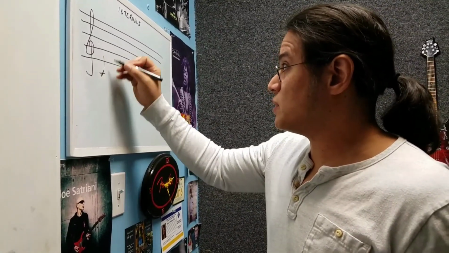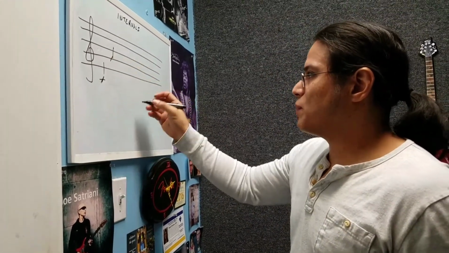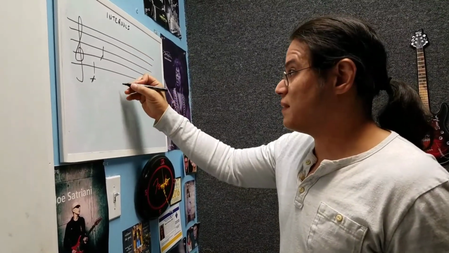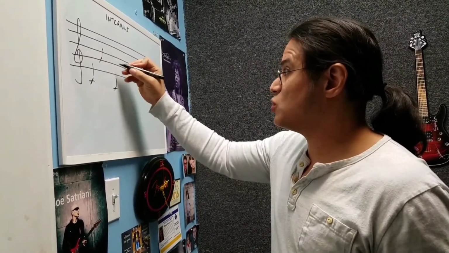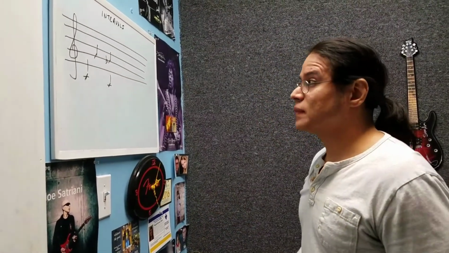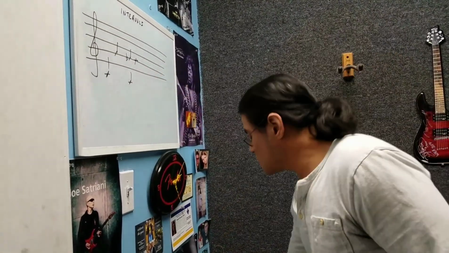So we have our fifth here, right? So this is a perfect fifth, C to G, right? If I take my top note and bring it down by a half step, I can use an accidental for that. So I go C to G flat. Now I have a diminished fifth. Okay?